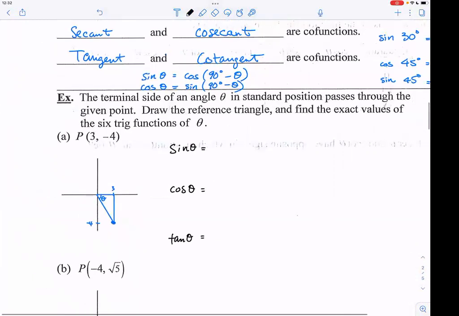And then right next to it, we will put down cosecant theta, secant theta, and cotangent theta. So I would like to pair them up like this. Why? They're reciprocals, right? So if you did this, you just flip it. Okay.